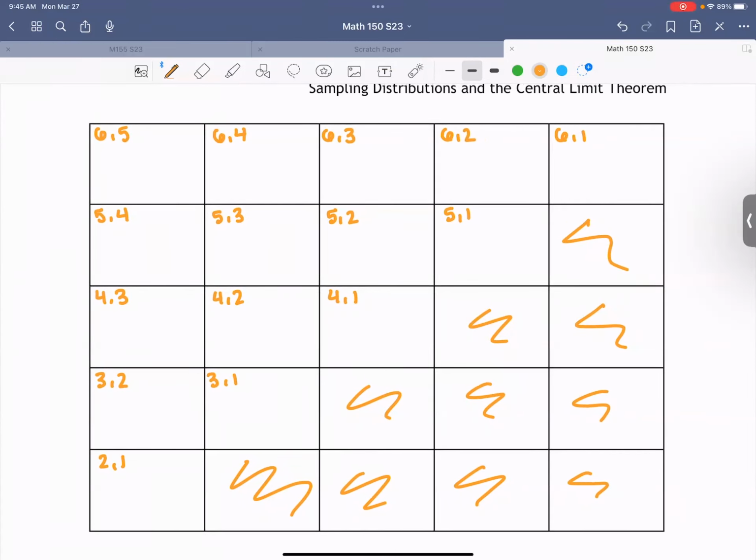For each of these samples, we're interested in the sample mean, right? If we're interested in the distribution of the sample means, maybe we should figure out what those sample means are. So let's say I wanted to find the sample mean of the first cell, 6 and 5. What would I do?